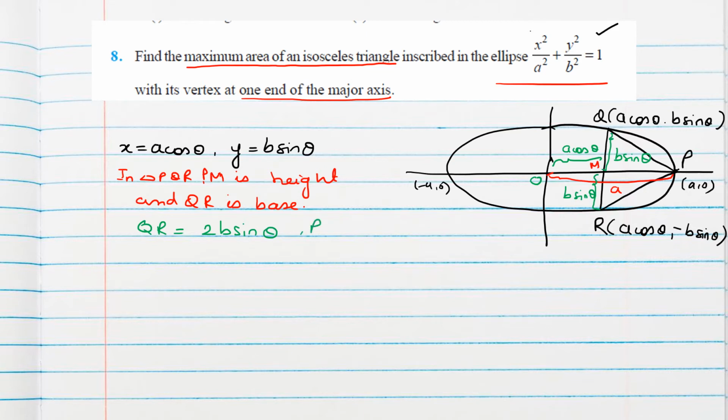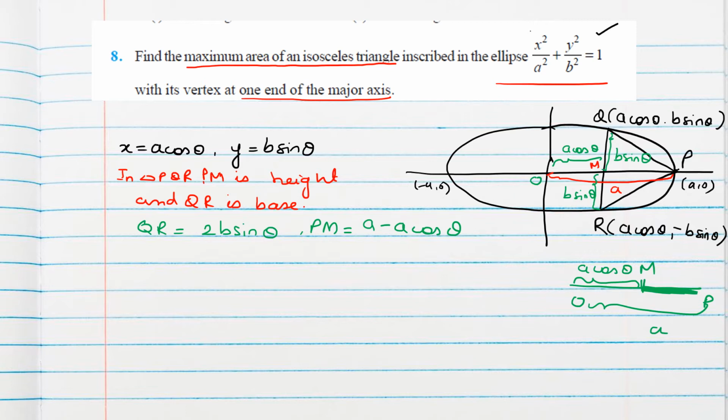And PM, that is the height, will be a minus a cos theta. This is OP, this length is a, and OM is a cos theta. We should find this PM, no? So it will be a minus a cos theta.